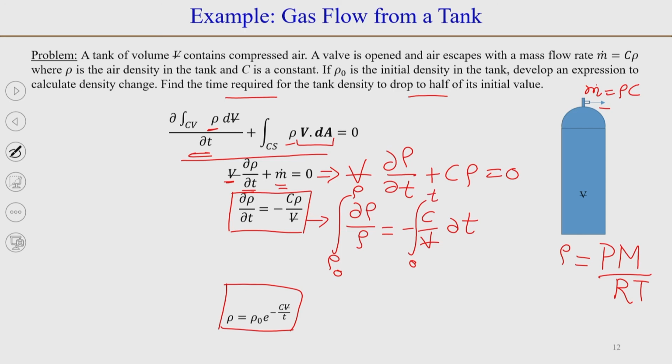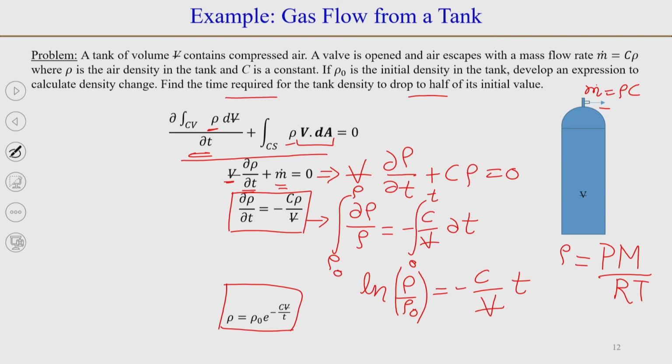So, when you integrate, you will get ln and you substitute limits: ln rho minus ln rho 0, which you can write as ln rho over rho 0. This is equal to minus C over volume of the tank into t minus 0. So, when you write this in the exponential form, you are going to get this.